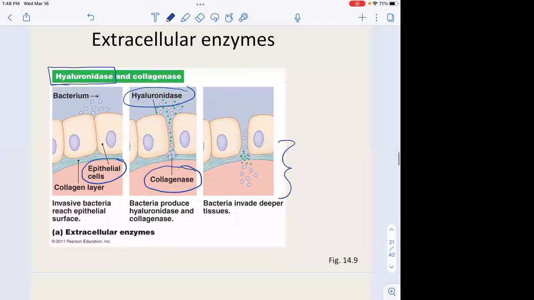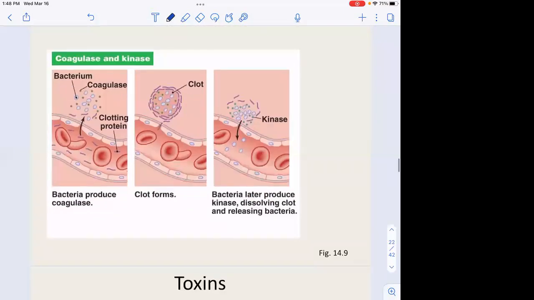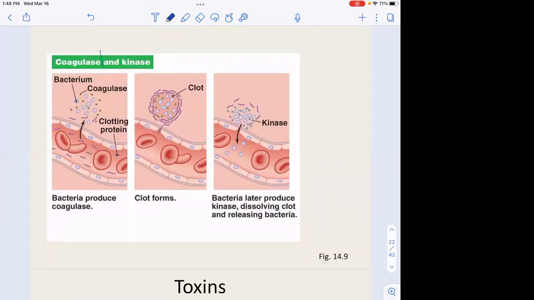So there's a couple more examples of extracellular enzymes. One, hopefully will look familiar if you've been to lab today already, or earlier this week, we talked about coagulase. Coagulase is an enzyme that's secreted outside of the cell that can start the clotting process, which is a complicated process, but the advantage to that for an organism is that it can form a clot around a cluster of bacteria.